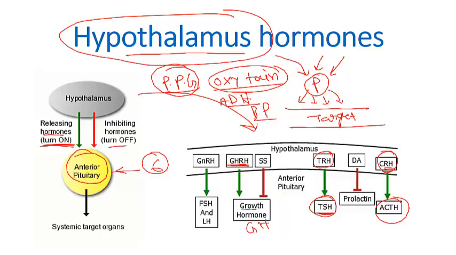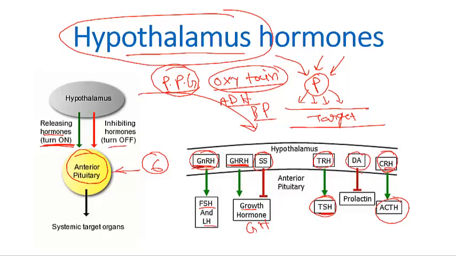Okay, so now if we look at all those releasing hormones we talked about, the thyrotropin release hormone, TRH, helps the release of TSH from the pituitary. The growth hormone release hormone is responsible for the release of GH from the pituitary. Somatostatin is required for inhibiting the secretion of growth hormone by the pituitary. Gonadotropin release hormone, GnRH, regulates and influences the pituitary to produce FSH and LH. And DA is dopamine.